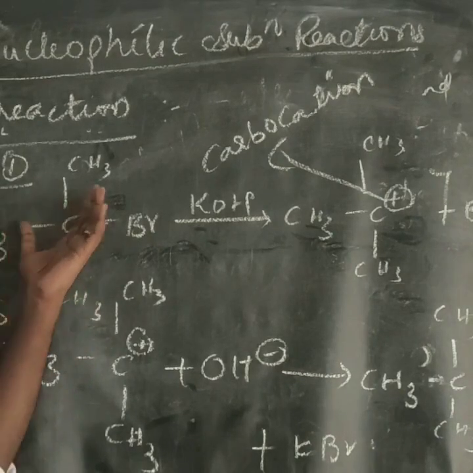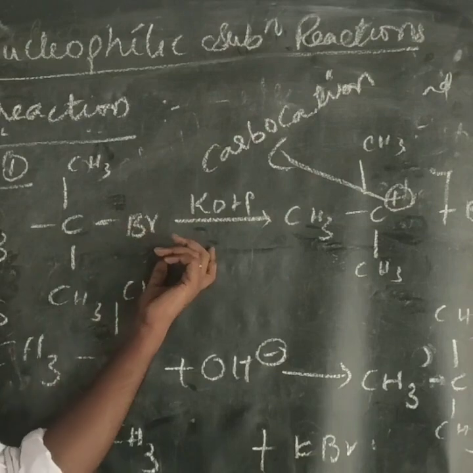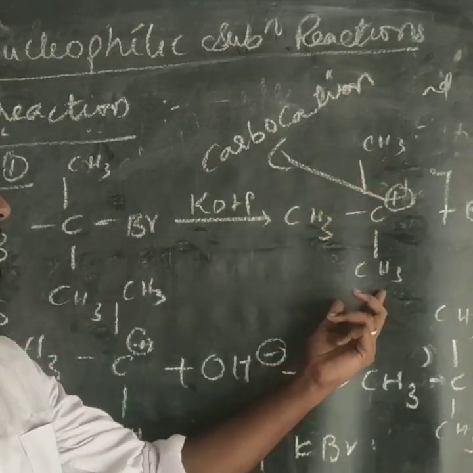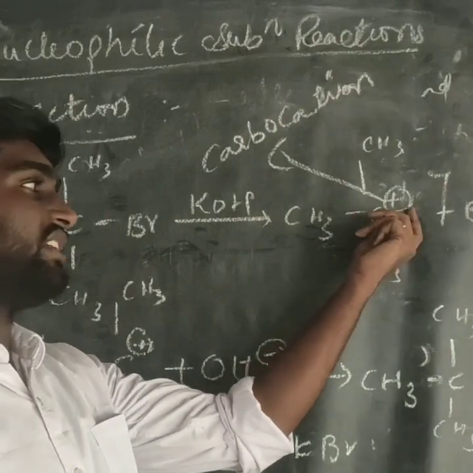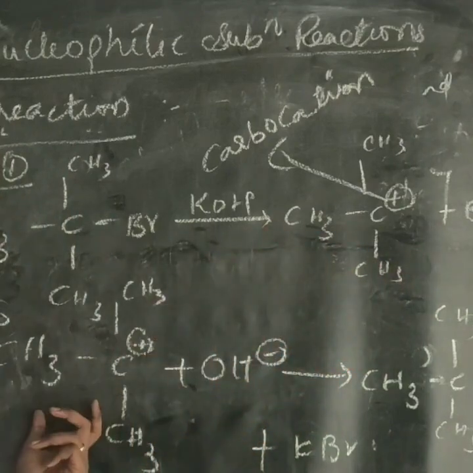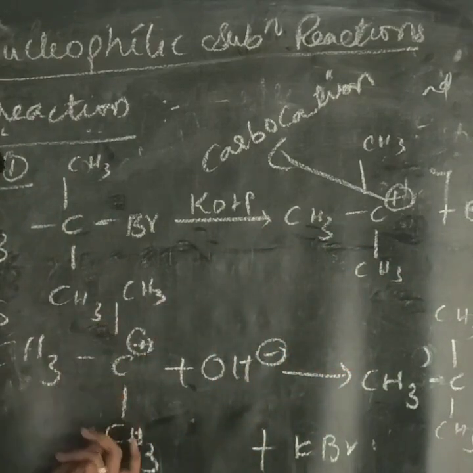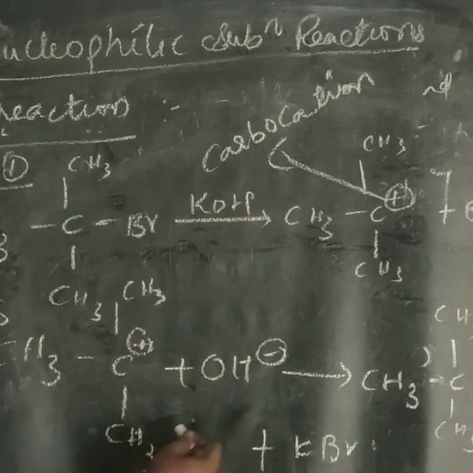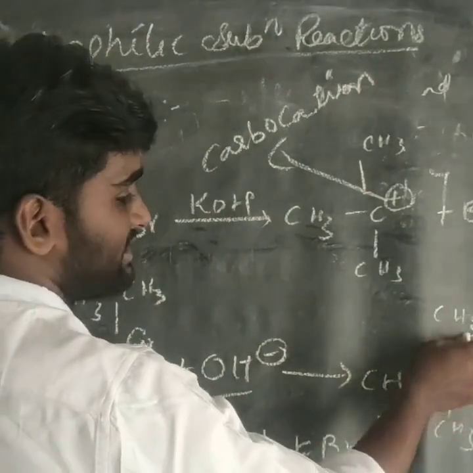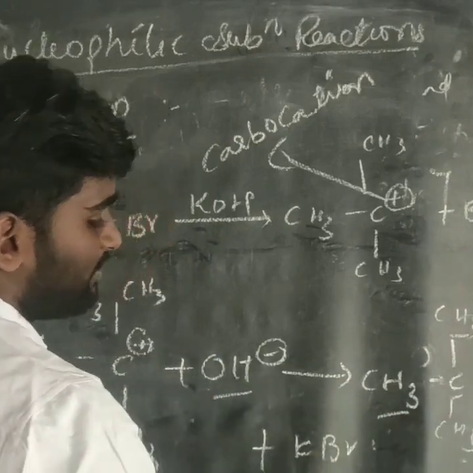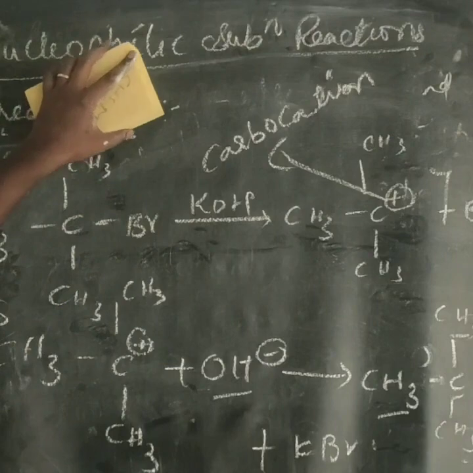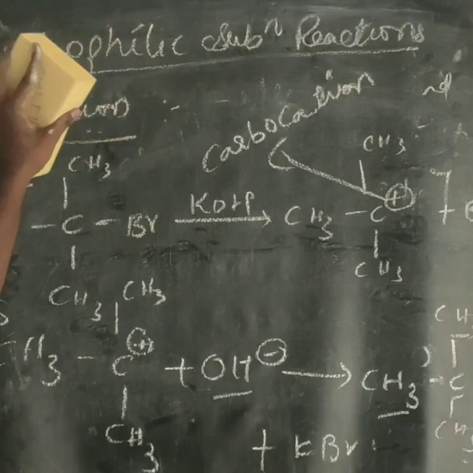So (CH3)3C-Br can be written as (CH3)3C+, a stable carbocation, and bromine minus. Then the (CH3)3C+ reacts with KOH; with OH minus it forms (CH3)3C-OH plus KBr. So this is the two-step mechanism of nucleophilic unimolecular substitution reaction.